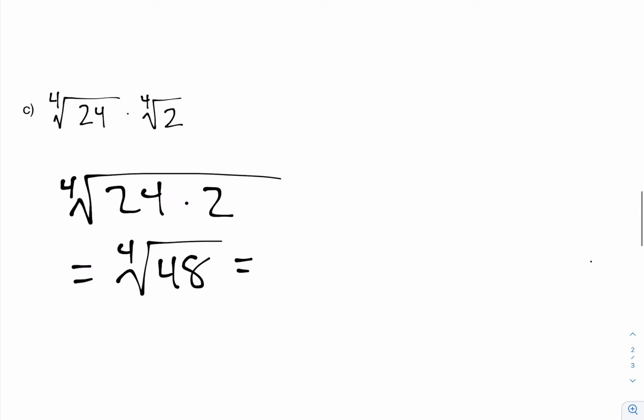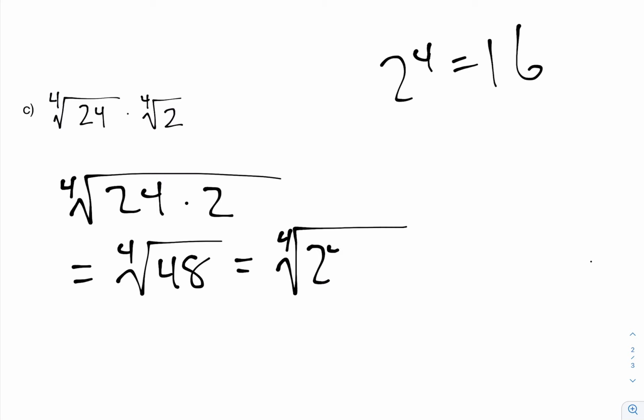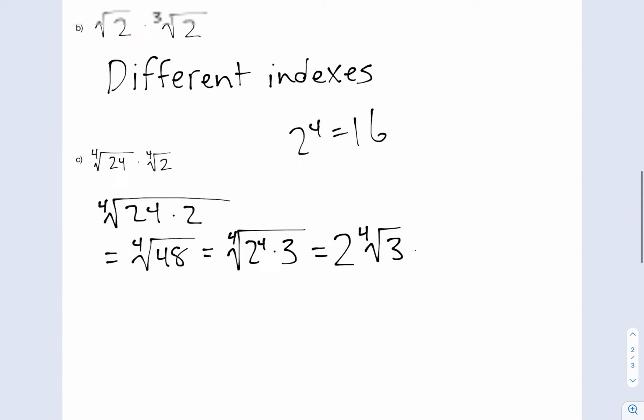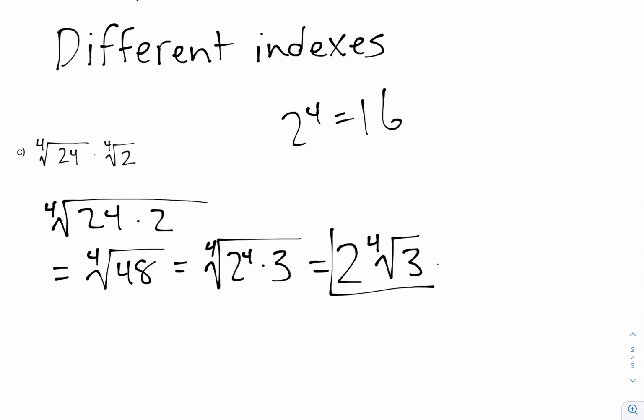And I know that 2 to the fourth equals 16. Okay, and 48 is just 16 times 3. So this is the fourth root of 2 to the fourth times 3. The fourth root of 2 to the fourth is 2. So we can bring out a 2, and it's going to be 2 times the fourth root of 3. Okay, so this is your answer for this one.